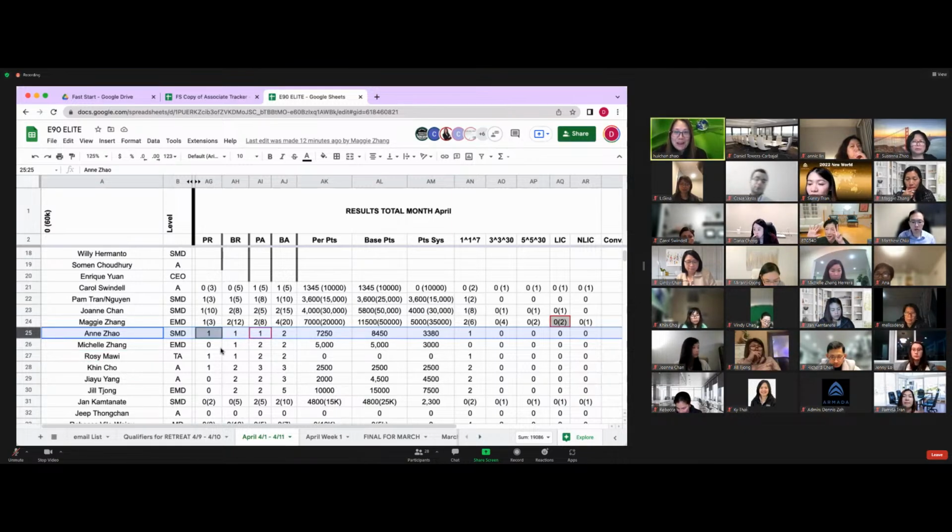I am the driver. Even Anna, even Gina, they joined this training, but they still do not really understand what they need to do. So I'm the driver. I just tell her, you are the ones to do 117, both of them.